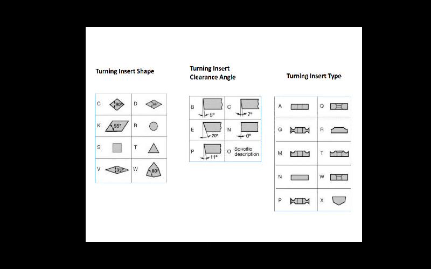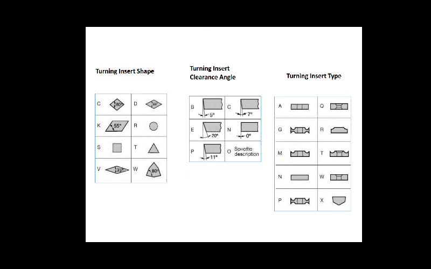And here the last one, you can see the turning insert type: with hole, clamp on with chip breaker, hole and special feature. That is A with hole, this is with chip breaker, this is hole and with special feature.